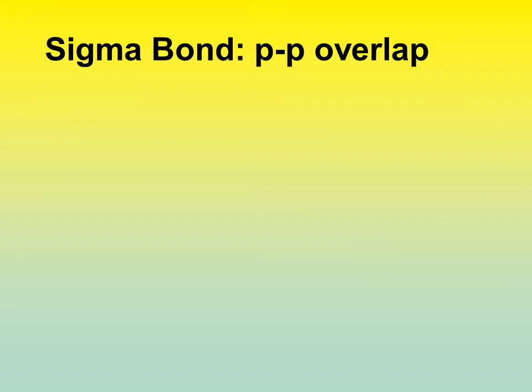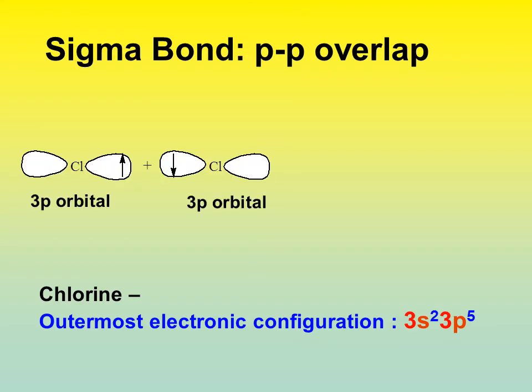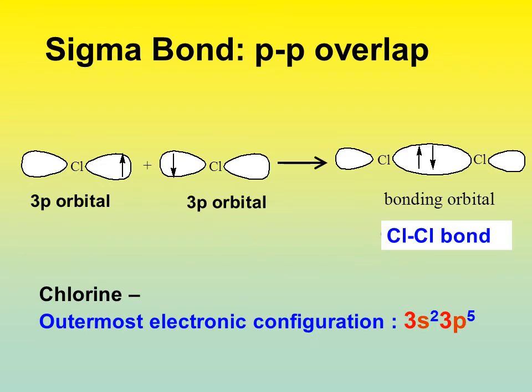For the p and p overlap, let us consider chlorine. We know that chlorine has an electronic configuration of 1s2, 2s2, 2p6, 3s2, 3p5. Therefore, one of the p orbitals is not paired.